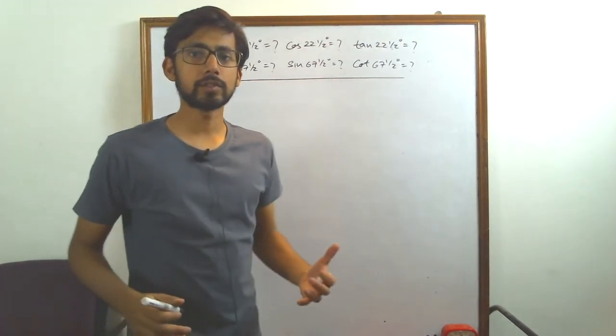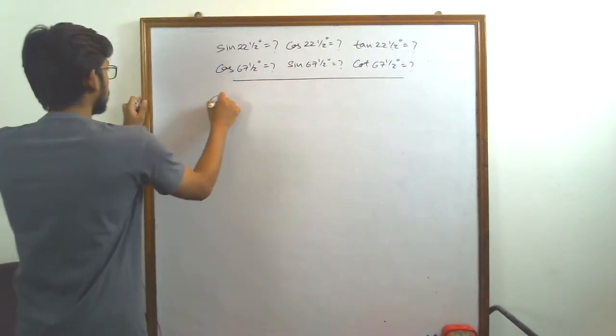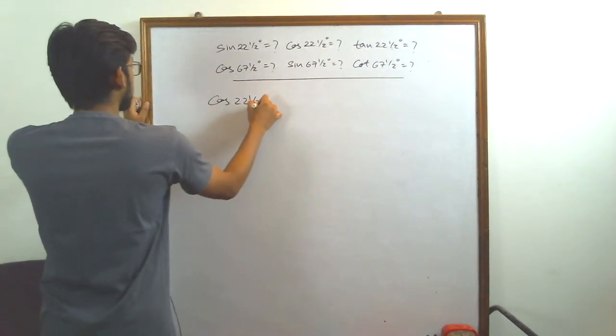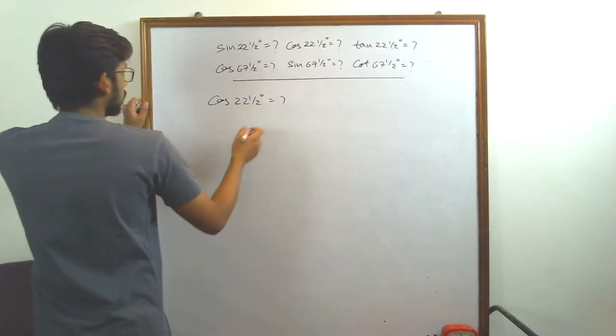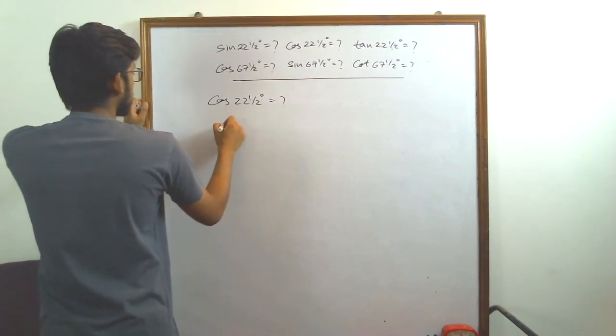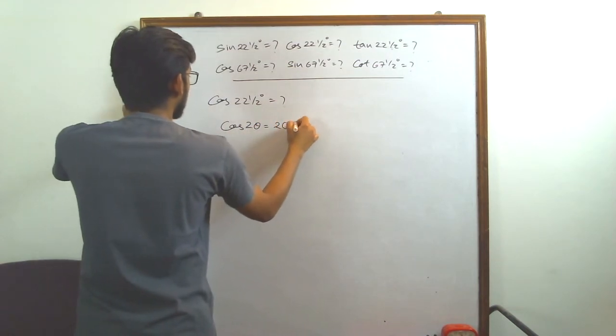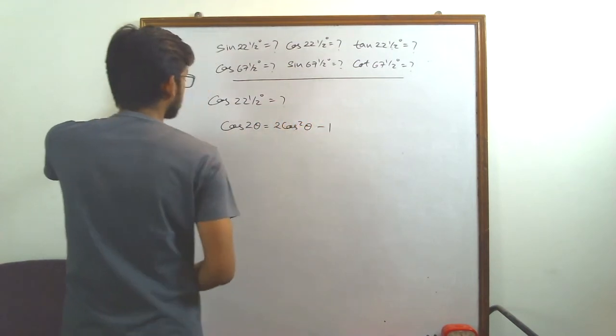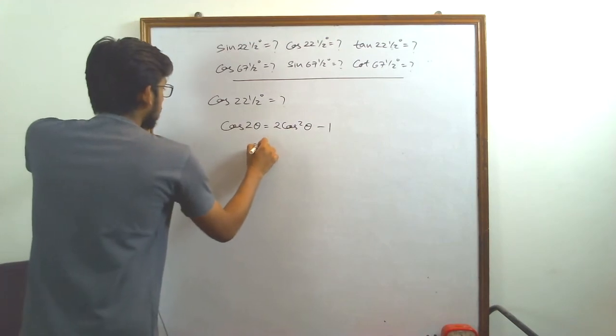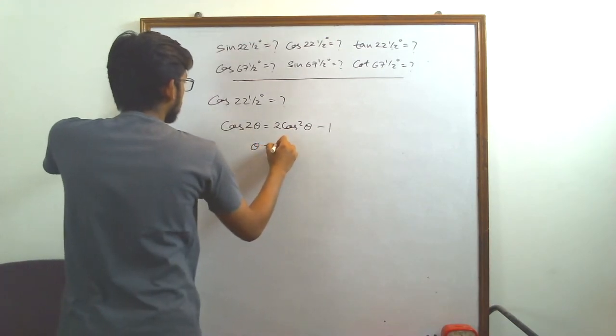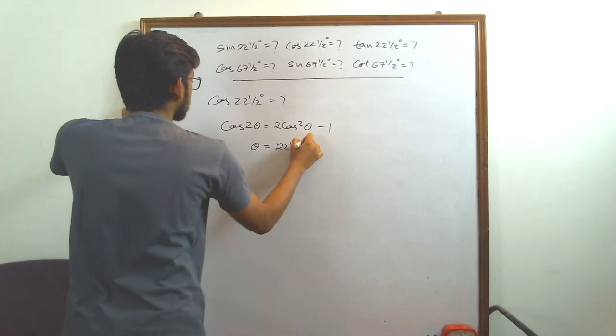So let's look at the next trigonometric ratio, that is cos of 22.5 degrees. To get the value of this, we look at the formula cos of 2 theta is equal to 2 cos square theta minus 1. Now we take theta as equal to 22.5 degrees.